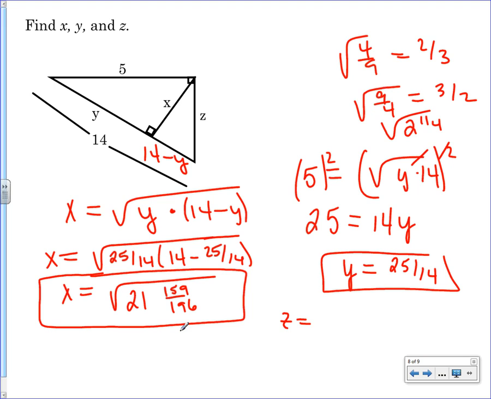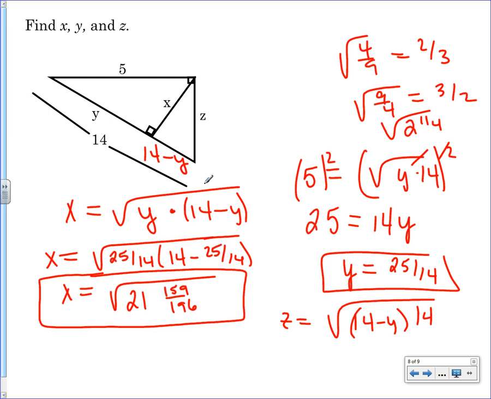All right, letter Z. This is a leg again. So Z is equal to the piece attached to it, the 14 minus Y, times the whole thing, 14. So it's equal to the piece attached to it or adjacent to it, 14 minus Y, times the whole thing, the 14. Obviously, you can put the 14 in front if you want to.